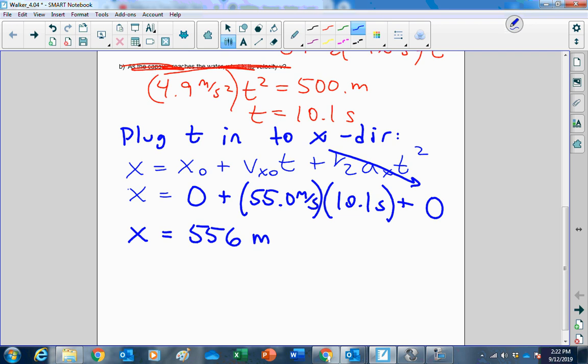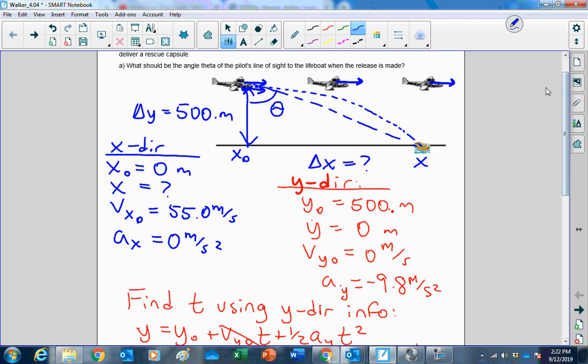And then finally, I could solve for that angle. So now I have enough information. This is 556, and that pilot would be trying to hit an angle from their line of sight. Let's see here. This is the opposite, and this is adjacent. And so I would use tangent, TOA.